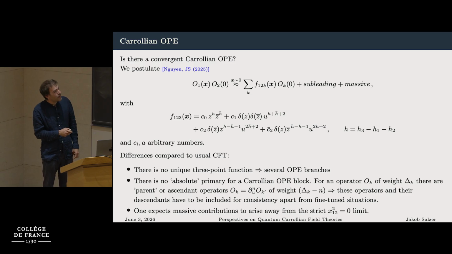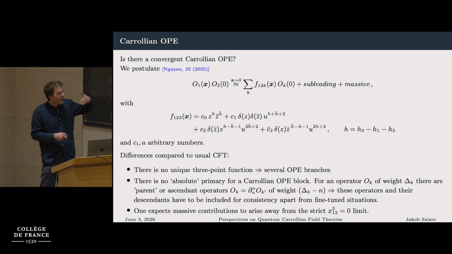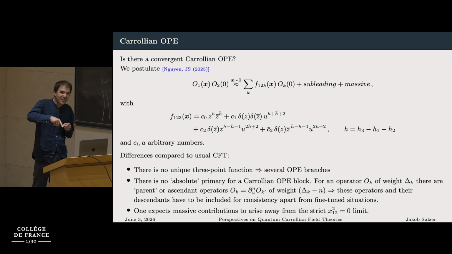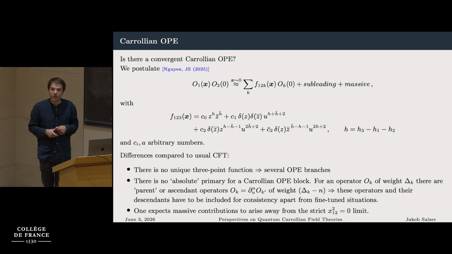If I say that these operators O1 and O2 fuse into an operator K with a certain weight, sometimes I have to assume that there are certain parent or ascendant operators whose derivatives equal K, so they would have weight delta K minus N. And the descendants of this parent operator actually mix with the descendants of the original operator, all contributing to the subleading terms here.